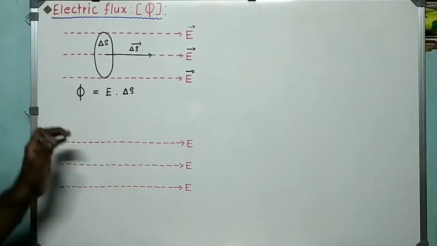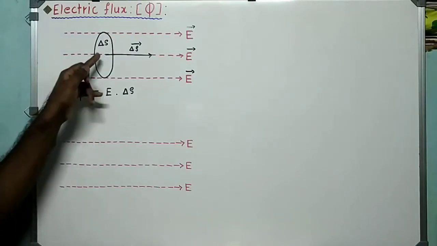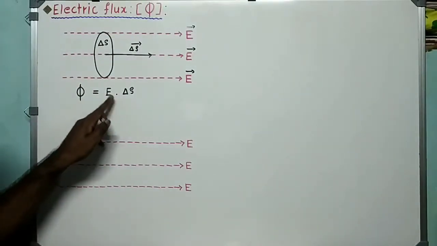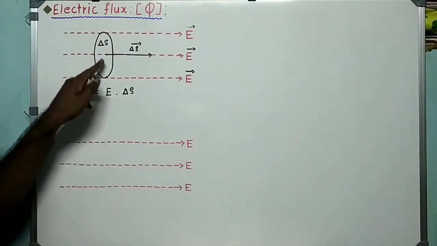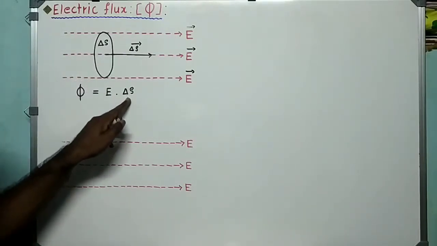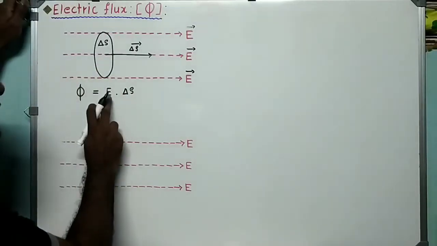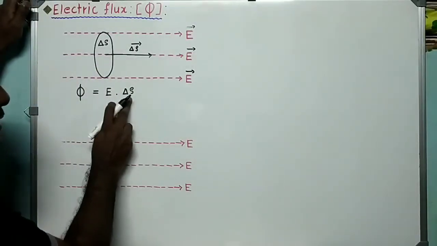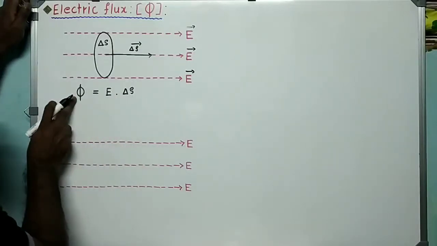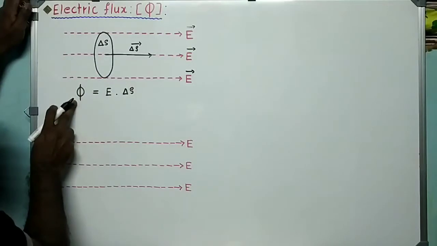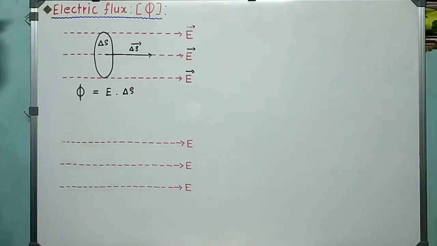That is the total number of lines of force passing through the area. If you multiply these two physical quantities, definitely you will get the number of electric field lines passing through this area, which gives electric flux.